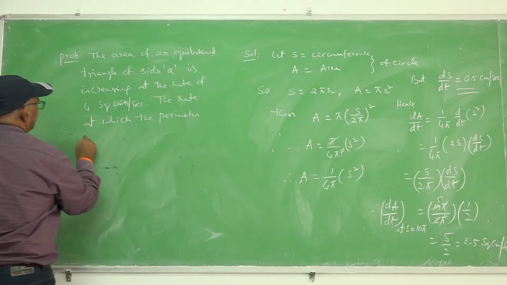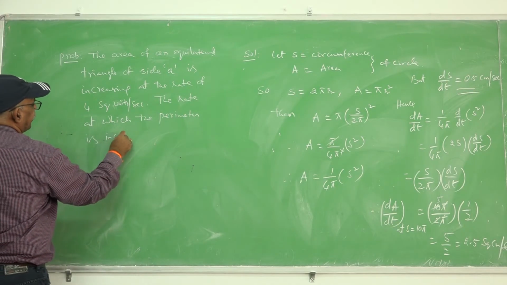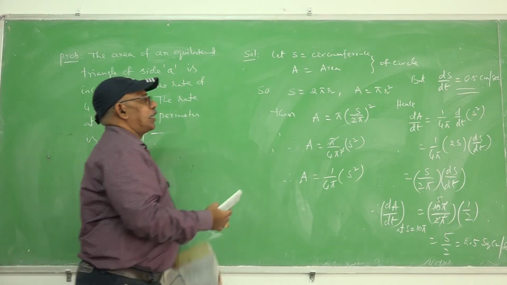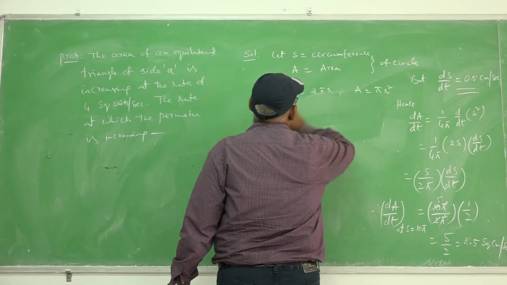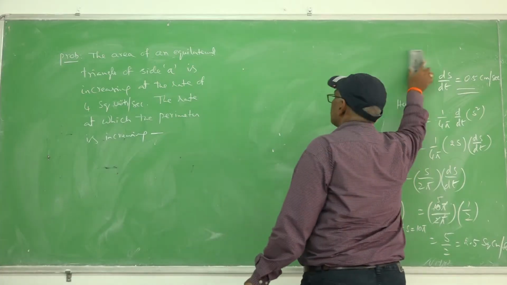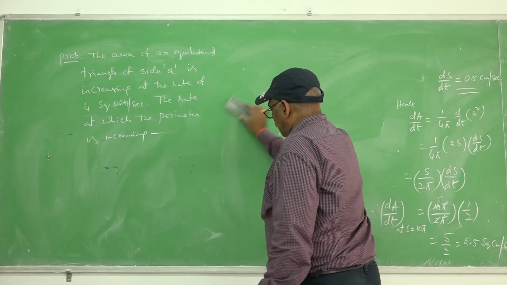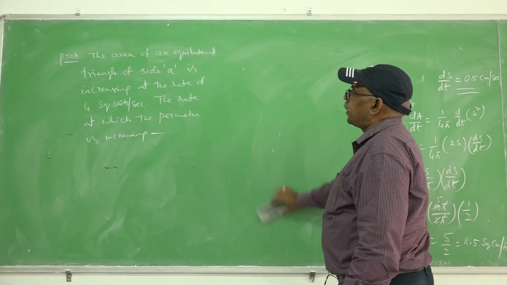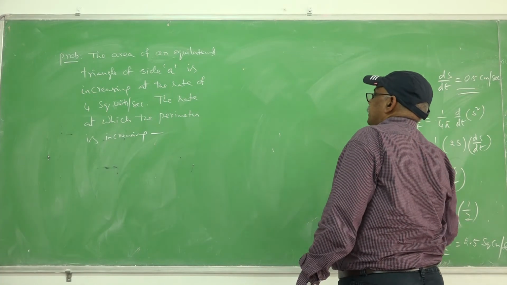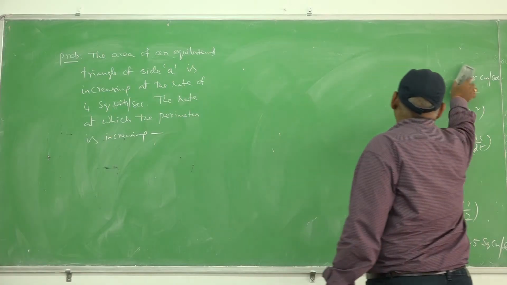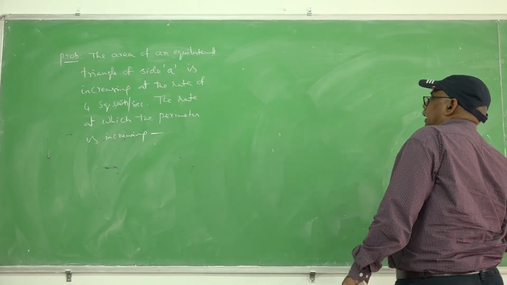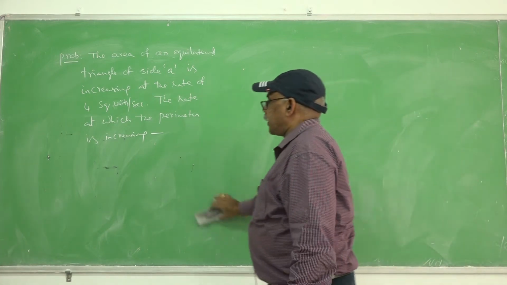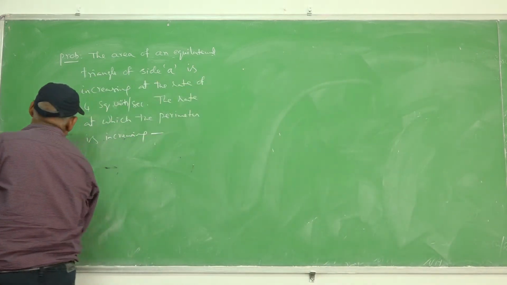The area of an equilateral triangle of side A is increasing at the rate of 4 square units per second. Then how fast does its perimeter increase? That is the question.